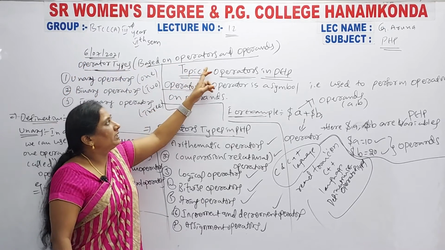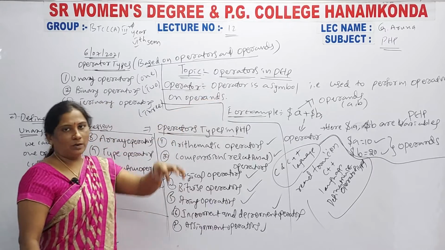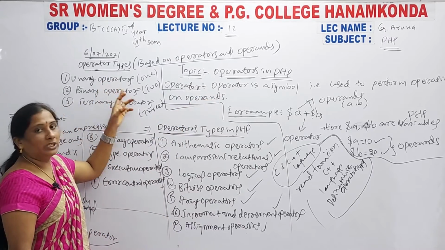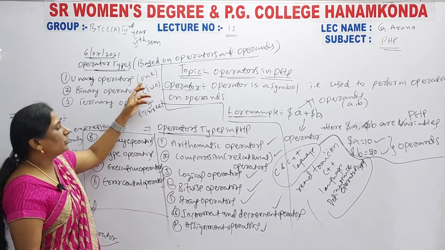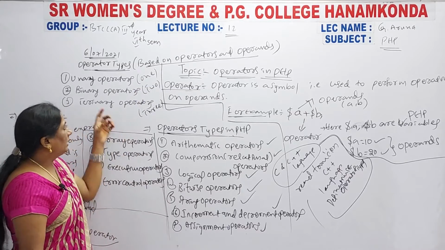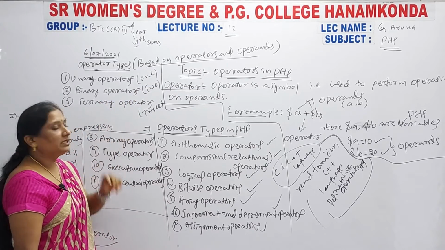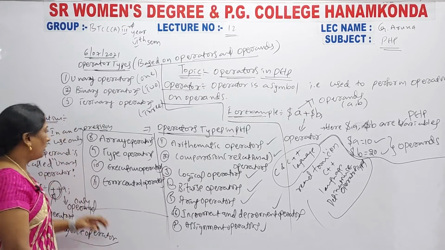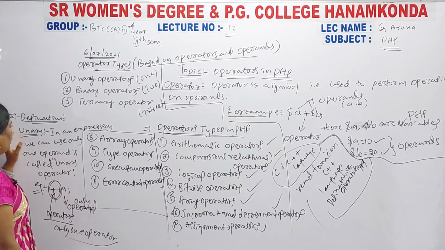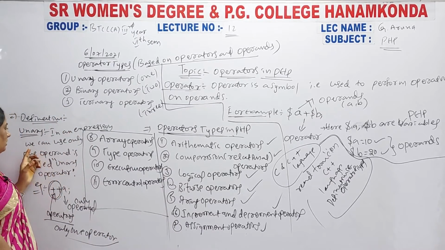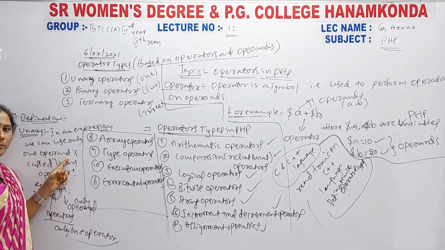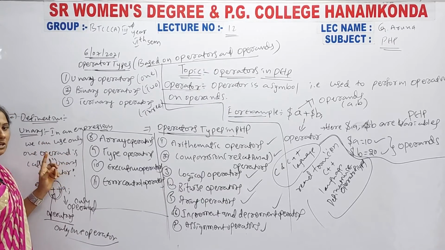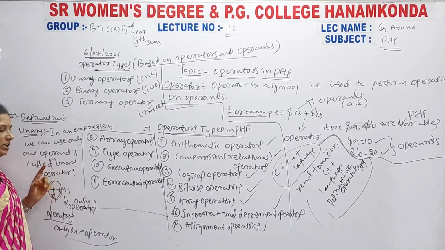Based on operators and operands, the operators can be divided into three types: unary, binary, ternary. In brackets, for unary write 1, for binary 2, for ternary 3. So what is unary? You have to write the definition: in an expression we can use only one operand, which is called a unary operator.